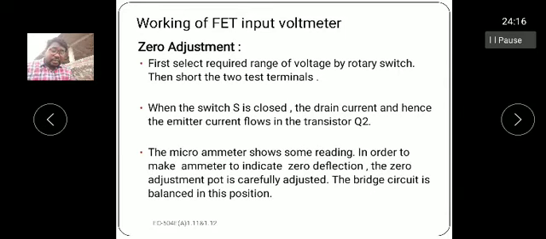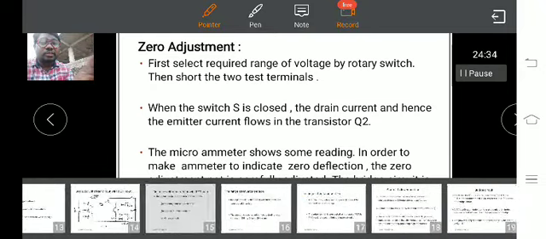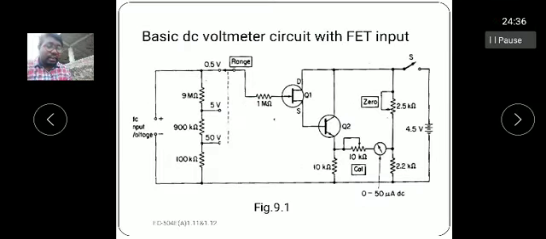When the switch S is closed for the power supply to the circuit and the test terminals T1 and T2 are shorted, with the help of the diagram I am explaining the zero adjustment.